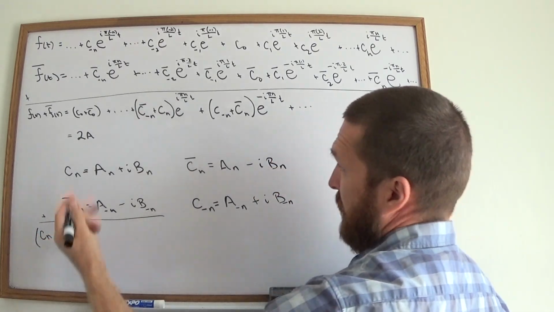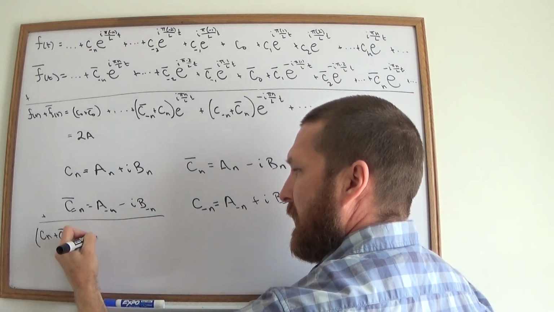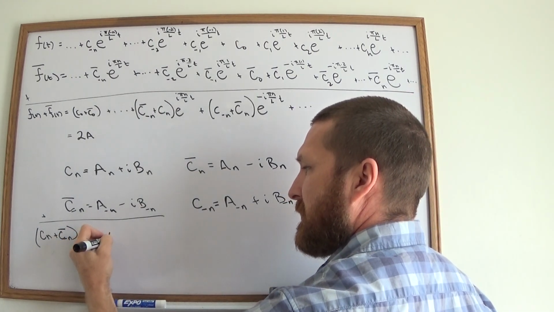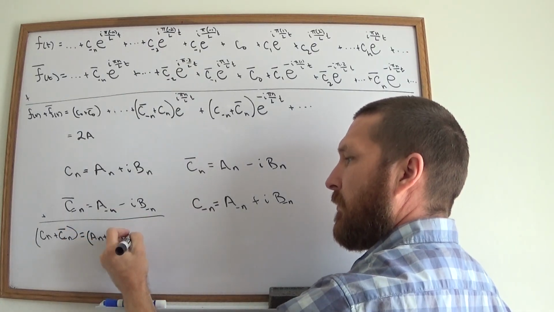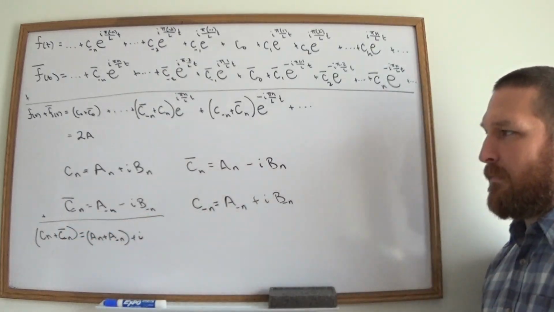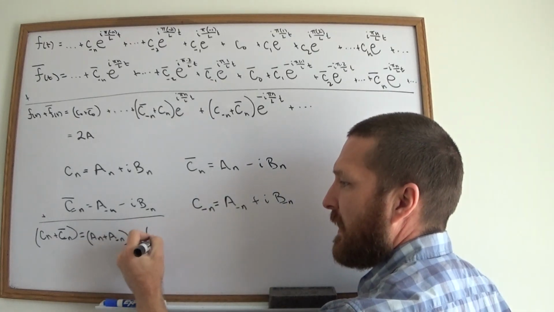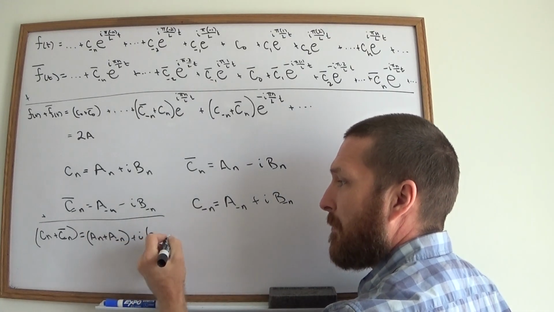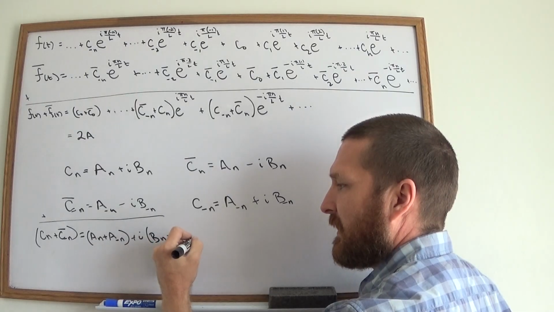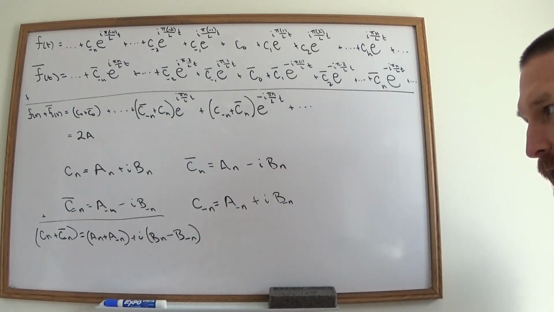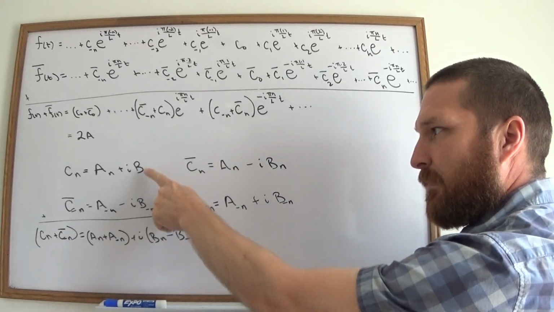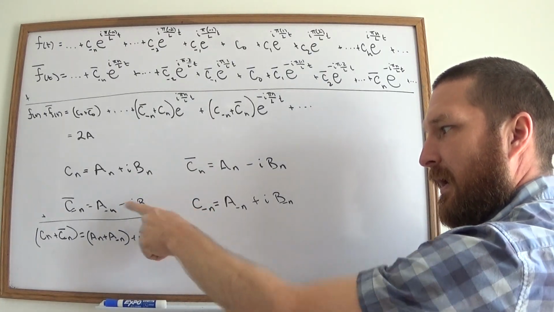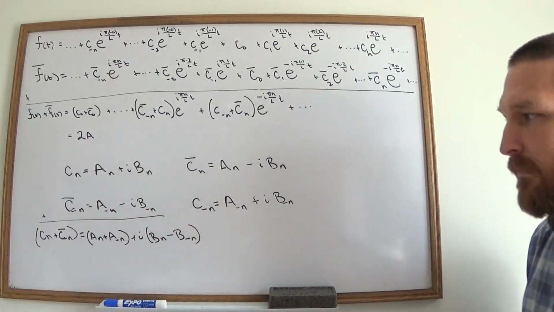Well, I guess An plus A negative n, plus I times, I could rewrite that as Bn minus B negative n, like that. Right? Did I do that right? We have I and I, yeah, the Bn would be positive. Pull that out. Yeah, okay, that's good.